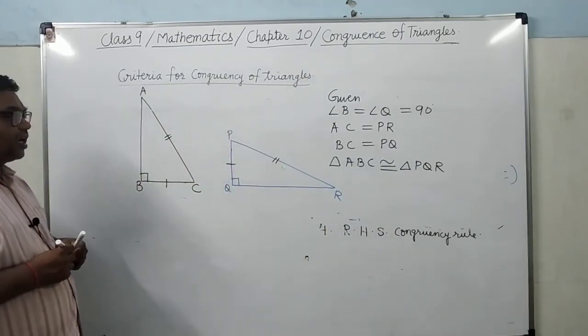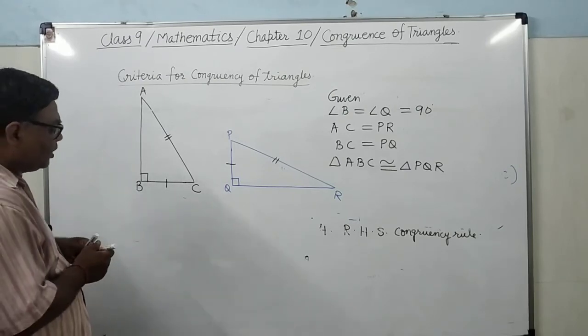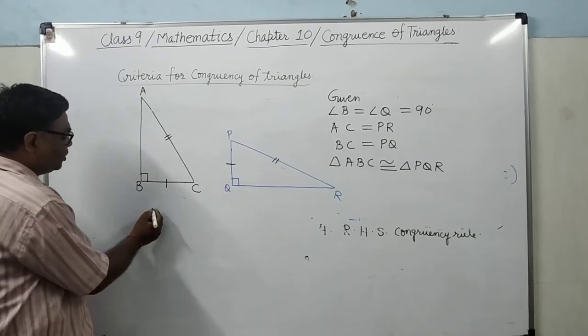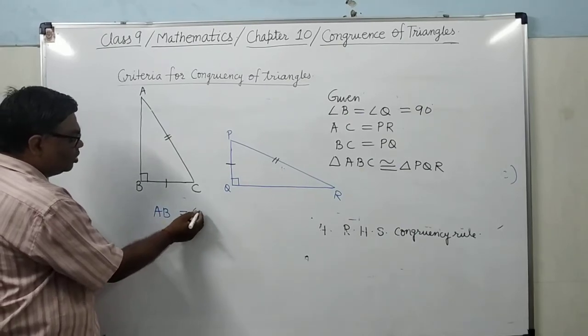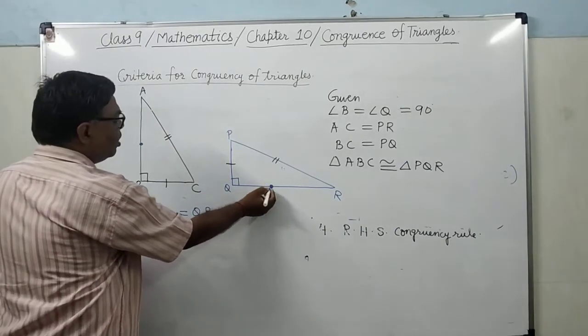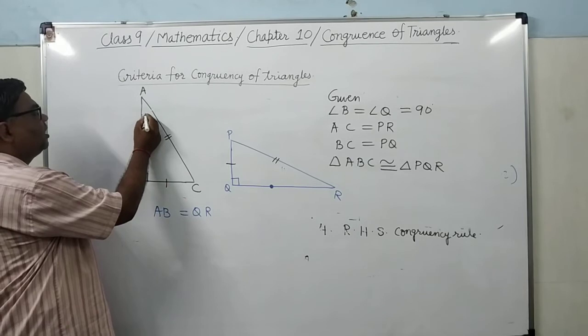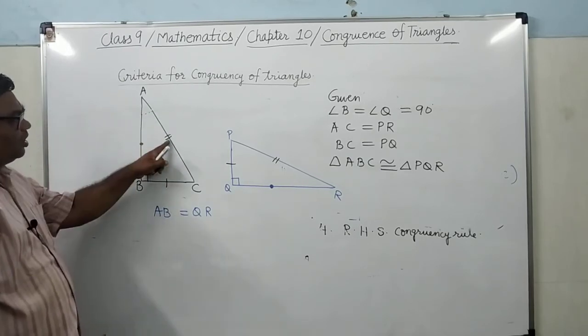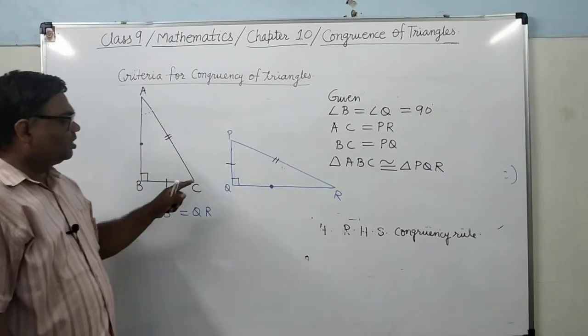Now what are the corresponding sides and corresponding angles? So what is the third side here? Here third side left is AB. Here third side left is QR. So AB will be equal to QR. Then you can see here this angle, it is included by which two? This and this. Here this and this. It's clear?